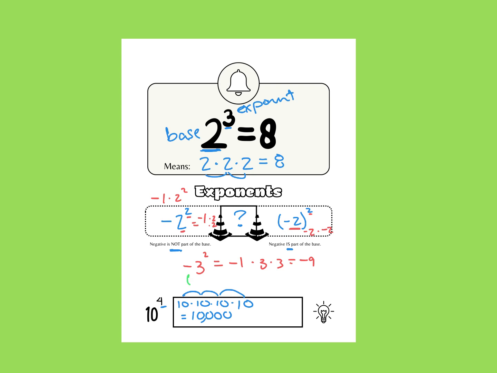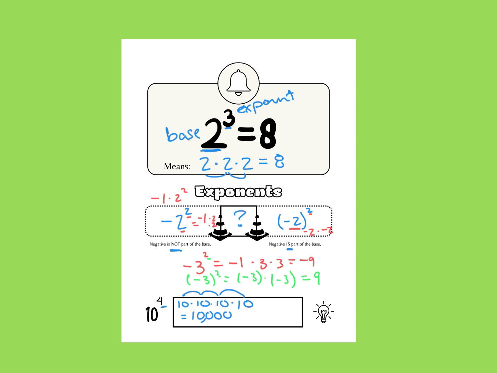If I did put that in parentheses, this means I've got negative 3 twice, because the exponent is 2, and that's going to give me a positive 9. This is especially important when our exponent is an even number like 2, 4, 6, 8. If the exponent is odd, then it won't make a difference. They're going to be negative regardless.